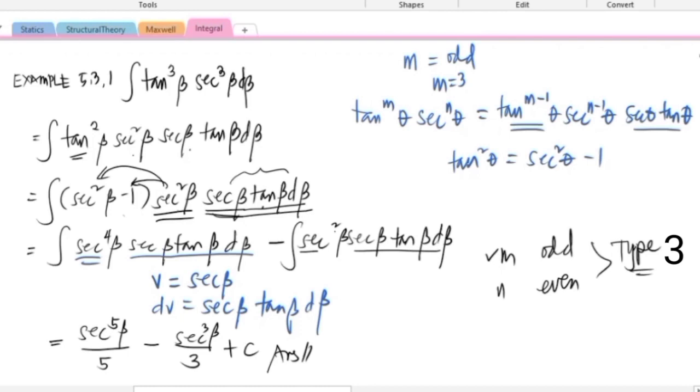But if n is even, so we let the secant n equal to secant n minus 2 multiplied by secant square, no? So, either of the two, yung i-apply natin, parehong tama yung sagot natin. Magkaiba nga lang yung mukha ng sagot.